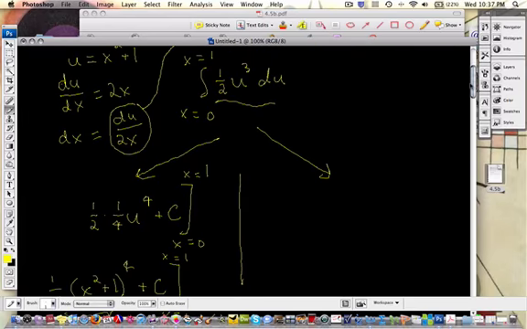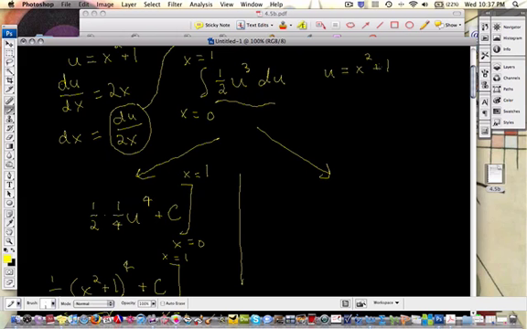This is where we go back to u equals x squared plus 1. When x is 0, like in the lower bound, we have u equals 0 squared plus 1, or 1. And when x is 1, we have u equals 1 squared plus 1, or 2.